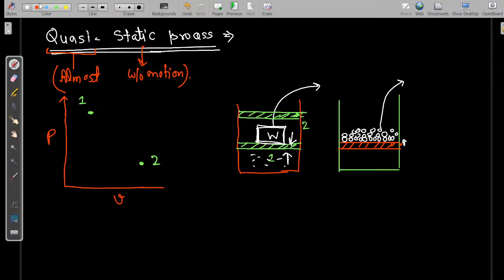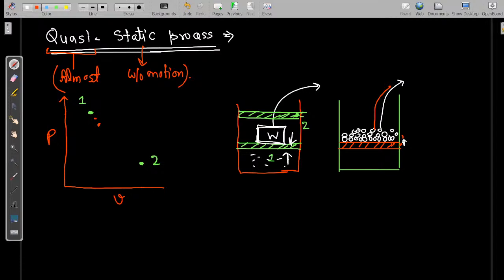Okay, let us say at that point the pressure is something like this and volume this. Again I removed another stone, then again the piston will move slowly and will again come into equilibrium, so again another point I will have.